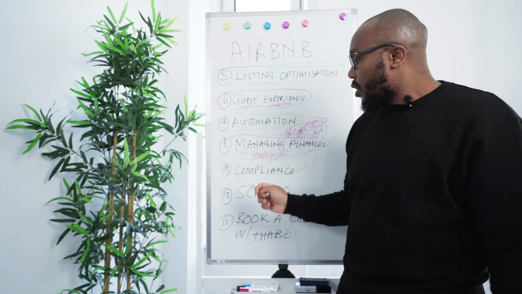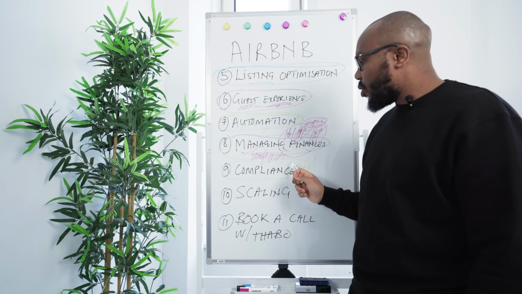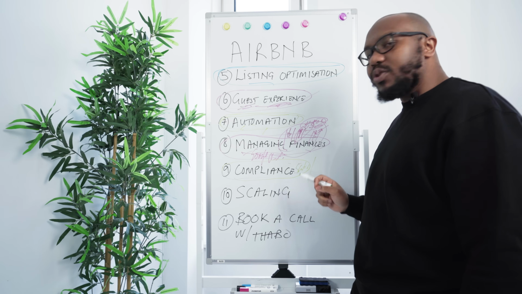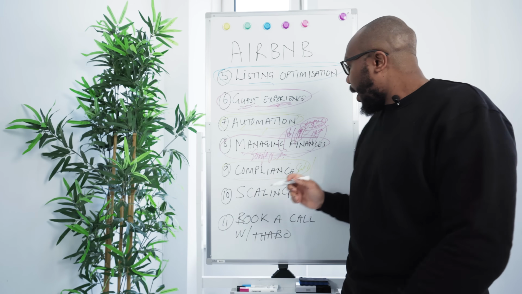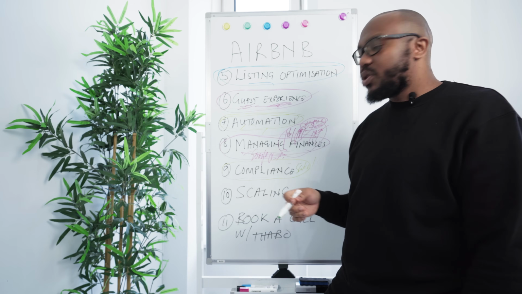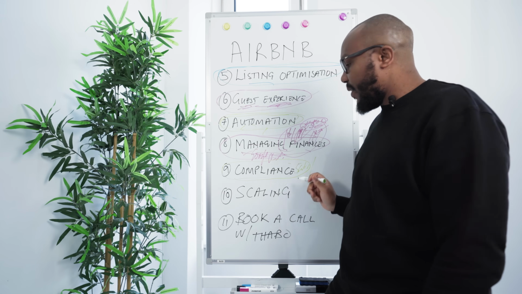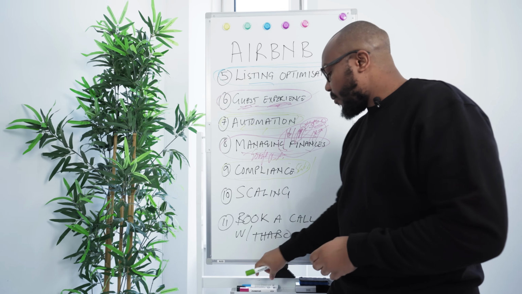Your properties need to have fire doors, smoke alarms, fire alarms, all those things. Compliance also means having the correct insurance. If you're a business, you want public indemnity insurance. You want contents cover, insurance to cover you if anything goes wrong in your property. So you just want to have all those things.